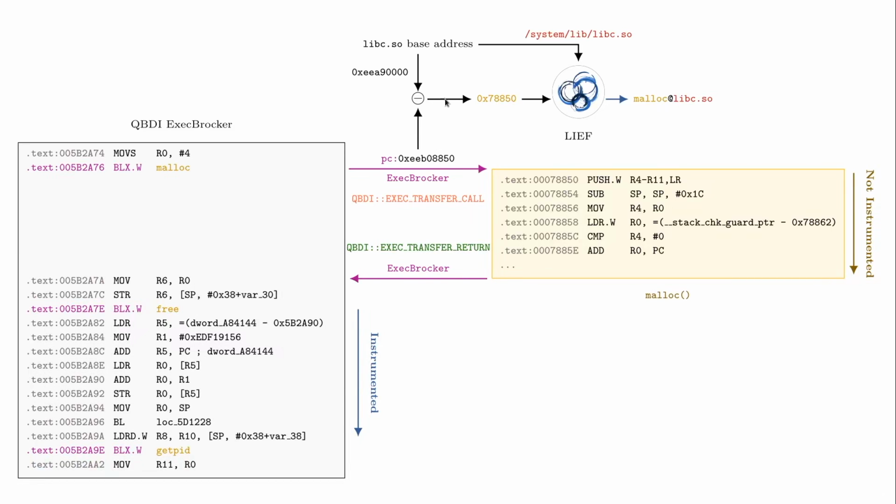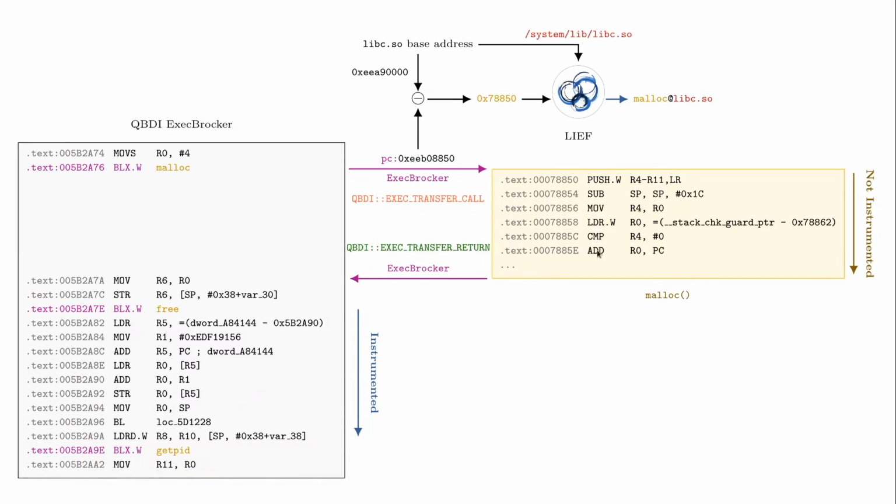Since we are in the process, we can resolve the base address associated with this absolute address. As we have access to the memory layout of the process, we can also resolve the library in which this address is located. So we have both the library and the base address, so we can have the symbol offset. Here is the offset of the symbol within the library, and using an ELF parser, we can have access to the effective symbol associated with the offset.